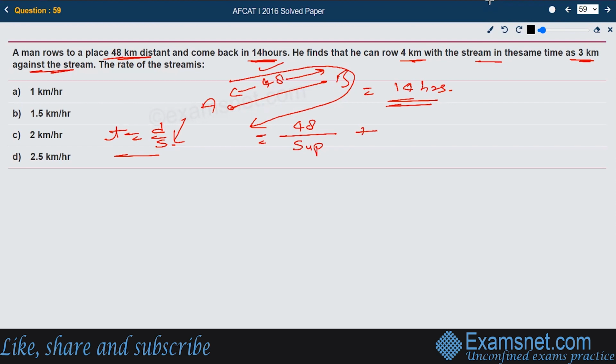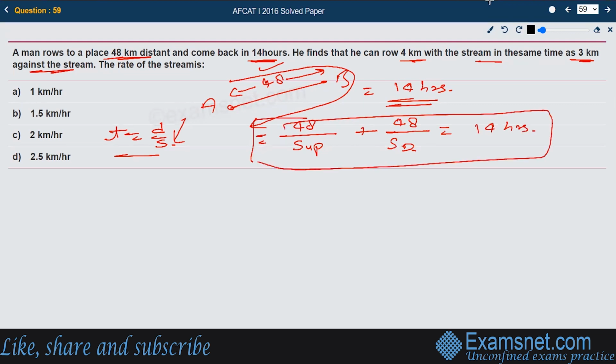Similarly he has traveled downstream also, distance over speed, that is 48 by S down. This is the total time, and this total time is already given to be 14 hours. We're going to make use of this equation later. So this is the first equation that has been formed: upstream time plus downstream time is the total time, 14 hours.